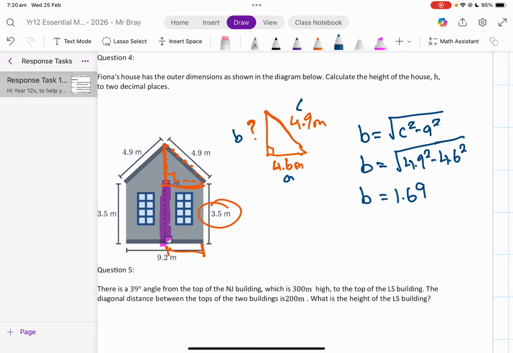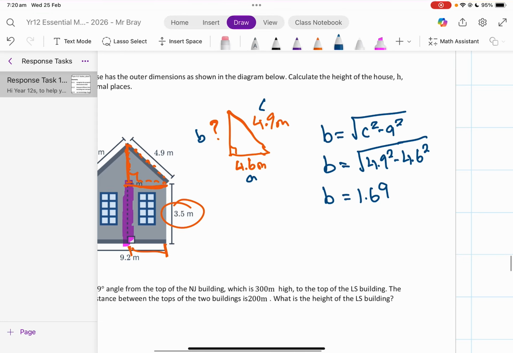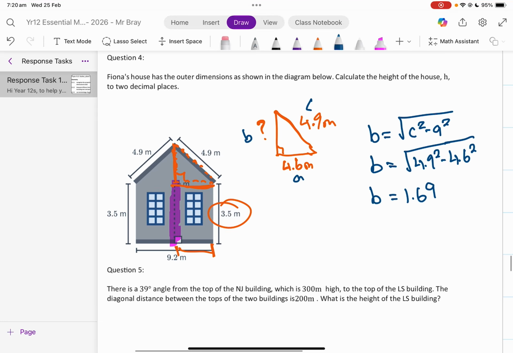Alright, rounding to 2 decimal places there, I've got 1.69, and the units here are meters.